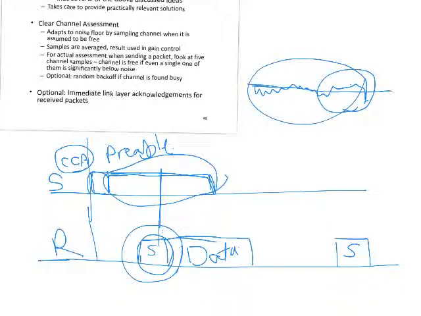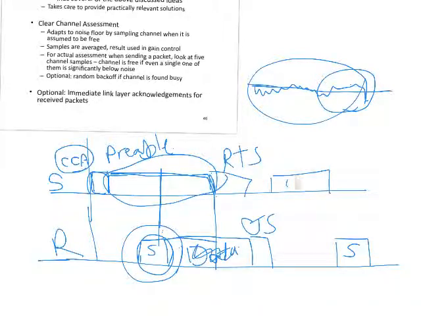It can use RTS CTS, in which case we send a preamble, and then here we start sending RTS, and then we receive CTS from the receiver, and then we send data here, and then you can do the acknowledgement.